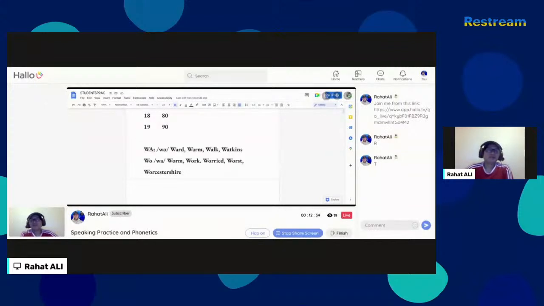How many of you have pronounced it correctly? Looks like there is no R. And there is no O. The O and R becomes a U sound. And it is pronounced Worcestershire.